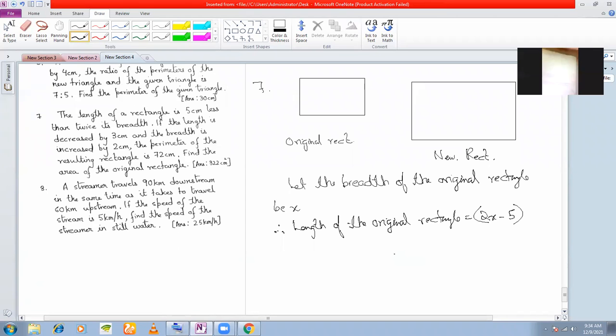Next statement: if the length is decreased by 3 centimeters and the breadth is increased by 2 centimeters. So length of the new rectangle.